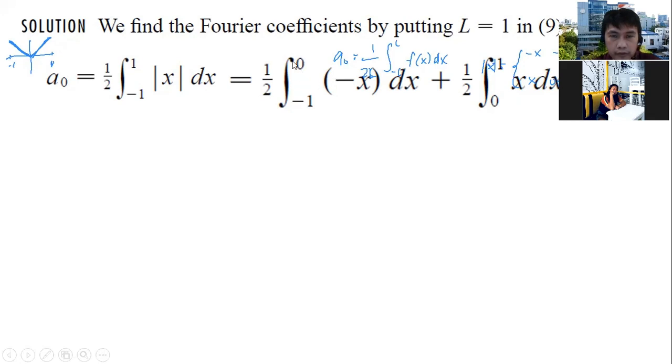Within this interval, the function is defined as negative x dx, then plus. We need to distribute, of course, this 1 half to the two terms, from negative 1 to 0, then 0 to 1. So you have here again a 1 half value, then times the integral from 0 to 1. Then our function is defined as x dx. Okay? Any question on this part, class?